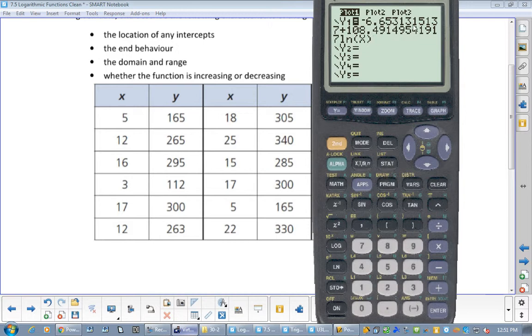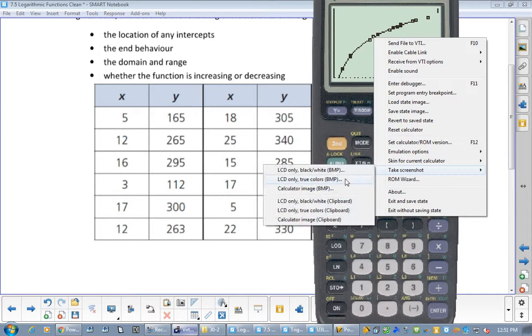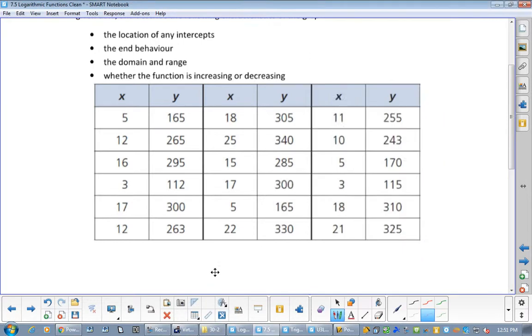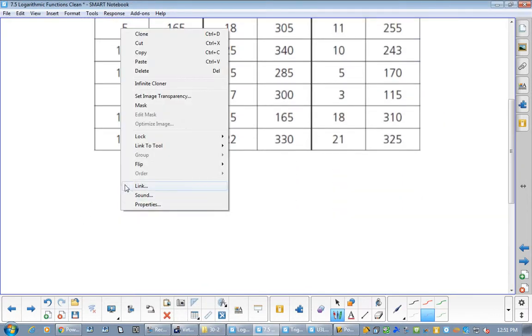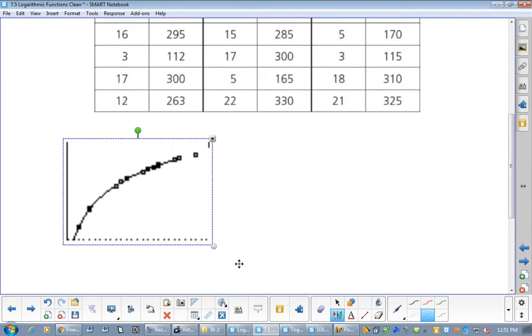You guys realize that's my patented way to do this, right? There's a really long way to do it. Just so you know. Okay. So I want you to just do a rough sketch, or you can just take a screenshot and then hit paste and then you just move it down like that. It's easy.